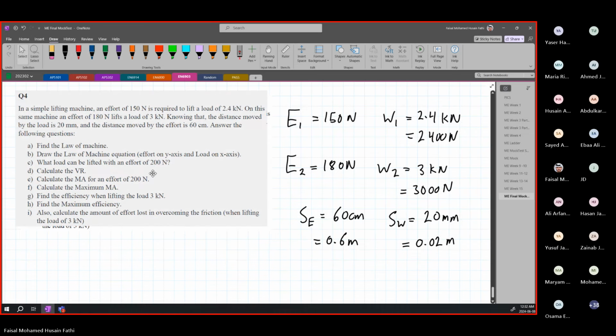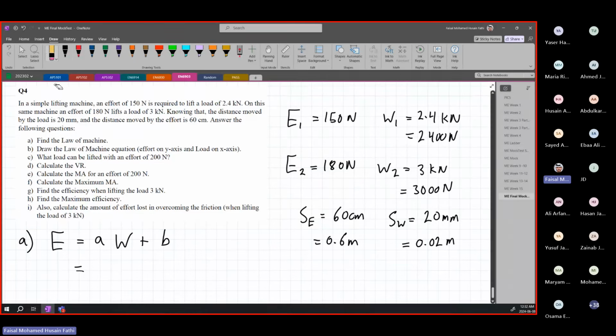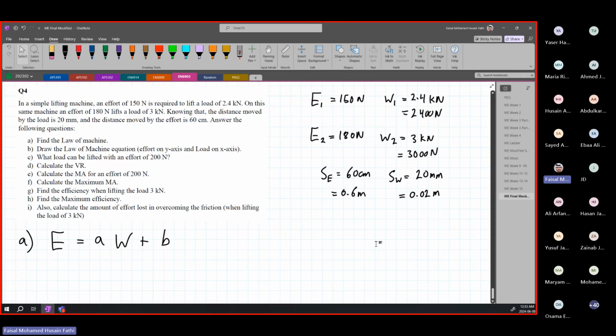Part A says find the law of machine. So law of machine is E equals AW plus B. We have to find our two equations. So we need to find our two equations.